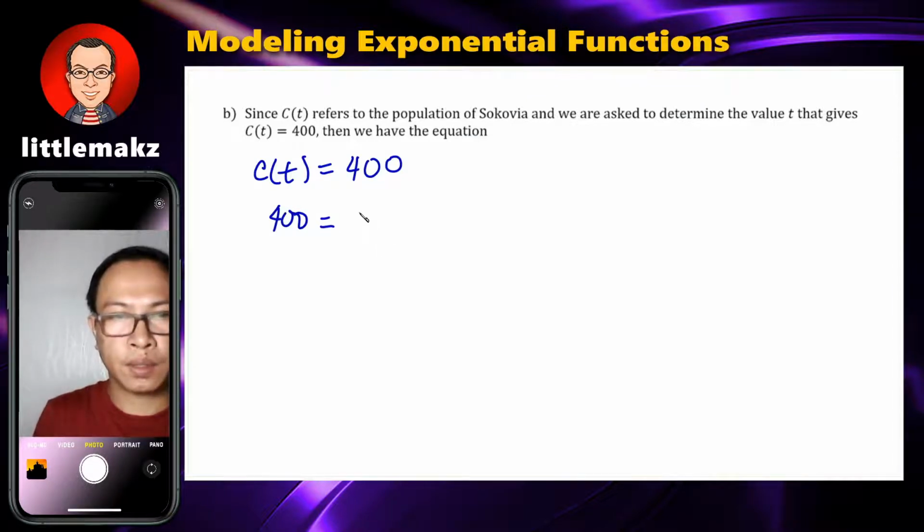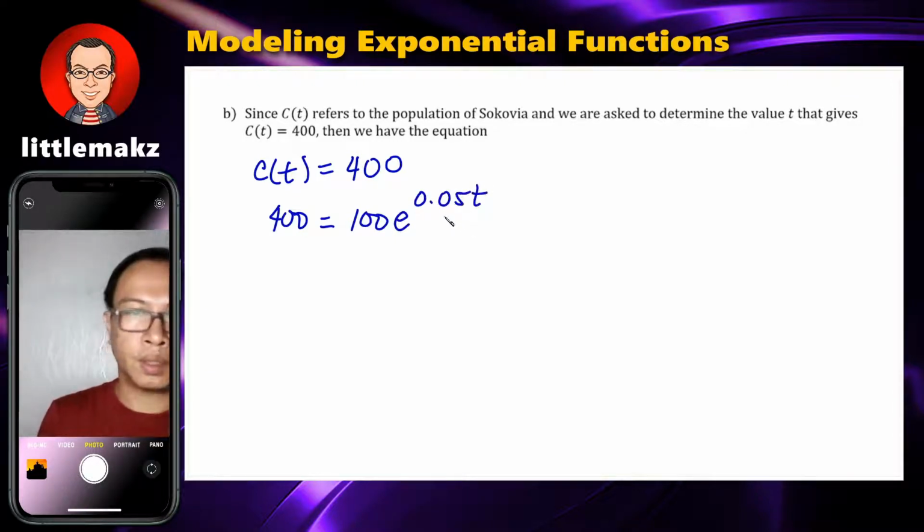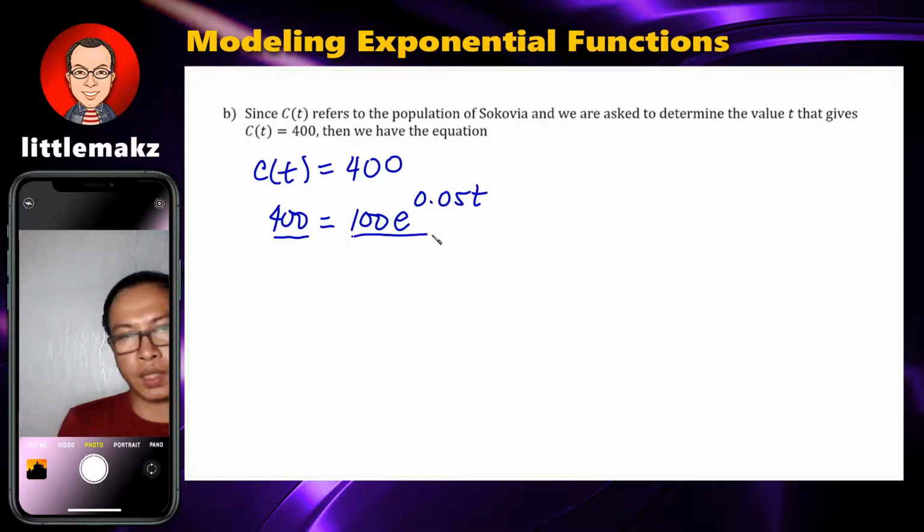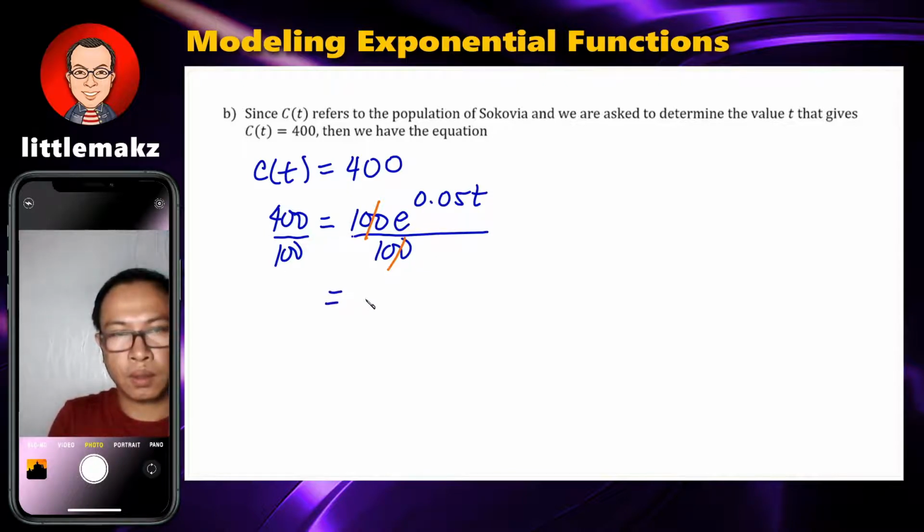So our function is e raised to the 0.05t. We could simply divide by 100 first before taking logarithms. Again, you will see that we just have e raised to the 0.05t left on the right-hand side of our equation, while on the left we simply have 4.